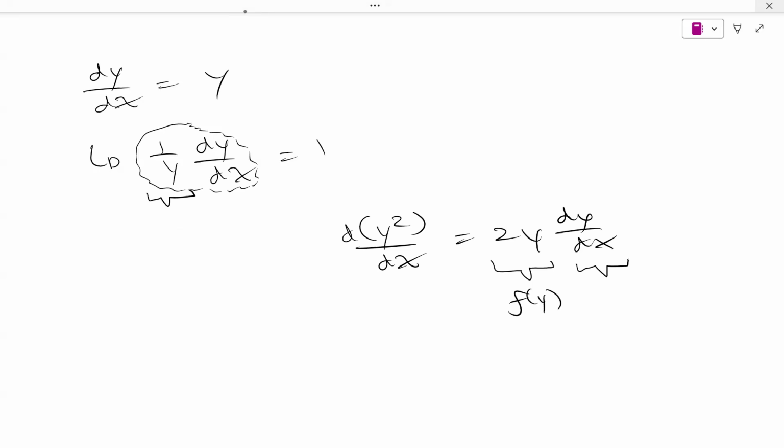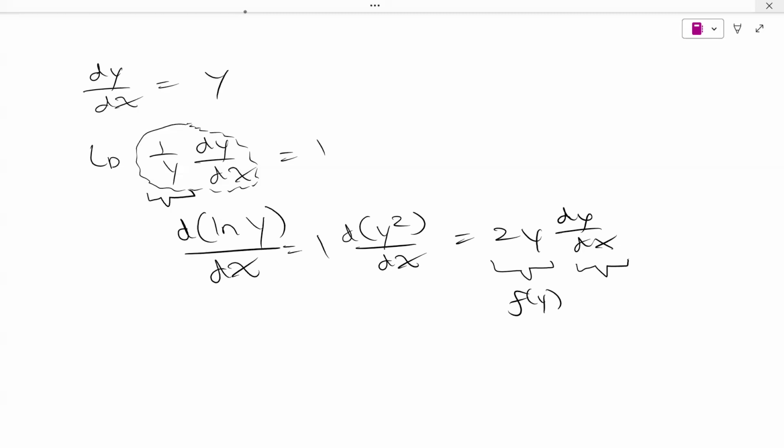Now that would be the natural log of y, right? So we can write d natural log of y over dx equals 1.